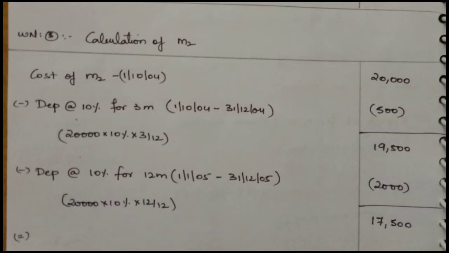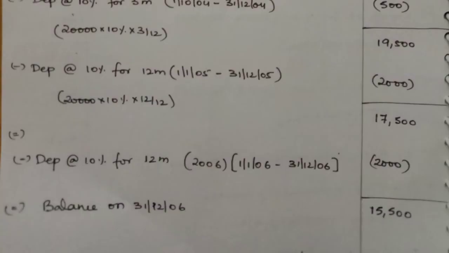So next, in 2005, is there any change to machinery 2 in the line format? No, there is no change for machinery 2 in the line format. So as it is, you can take the depreciation for the whole year without making any changes. The depreciation at 10% for 12 months, from 1st January to 31st December, comes to 20,000 into 10%, 2,000.